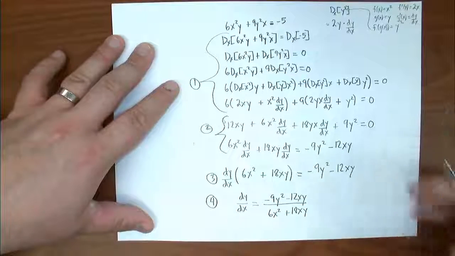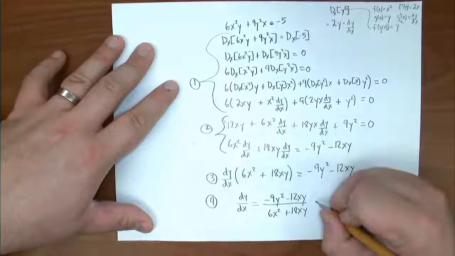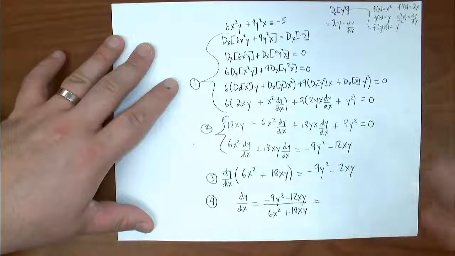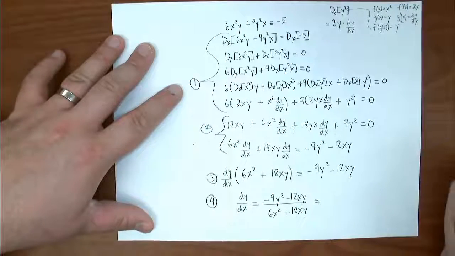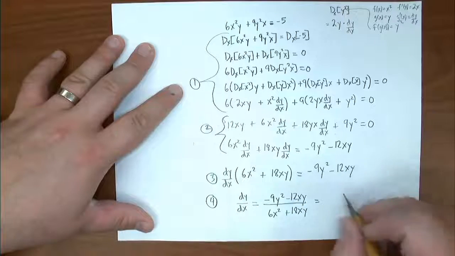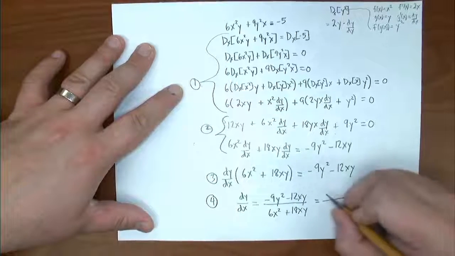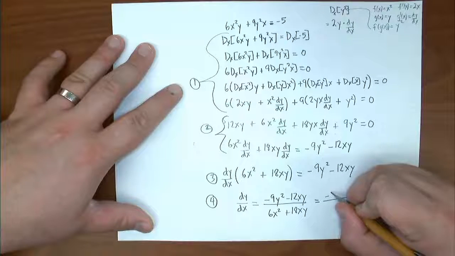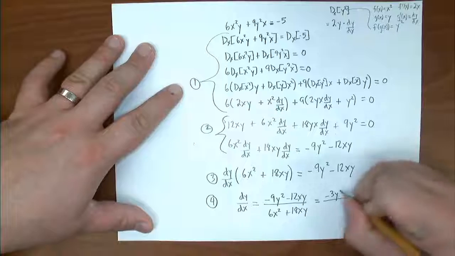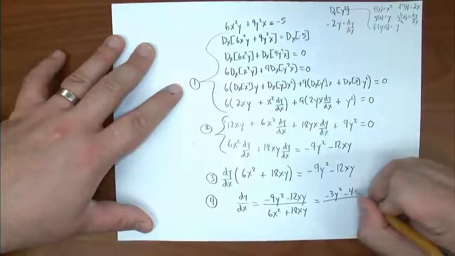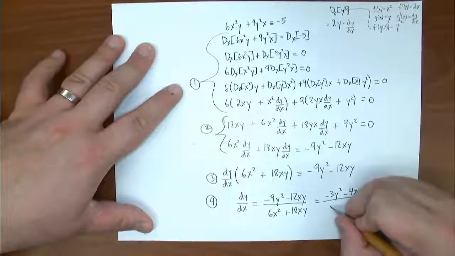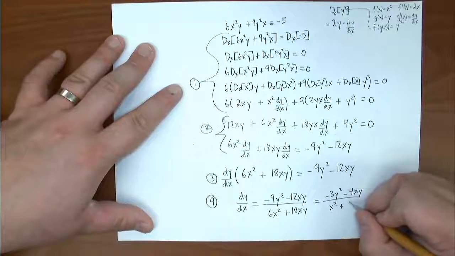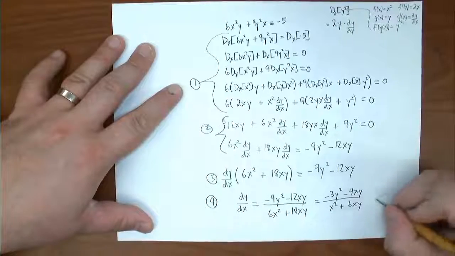Now, of course, I would need to simplify in whatever capacity I can. I think that I could factor out a 3 out of the top and a 3 out of the bottom. So that would leave me with a negative 3y squared minus 4xy over x squared plus 6xy.